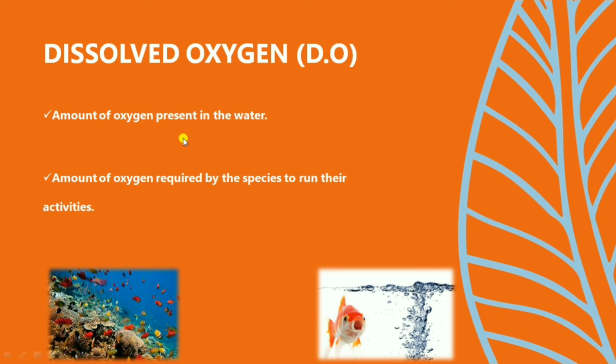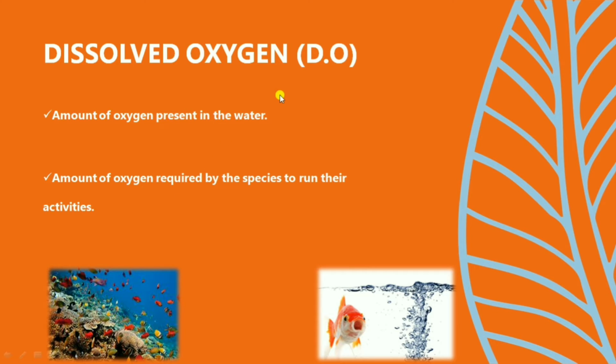As we all know, the species inside the aquatic ecosystem cannot take oxygen directly from the atmosphere. So it is converted into which format?